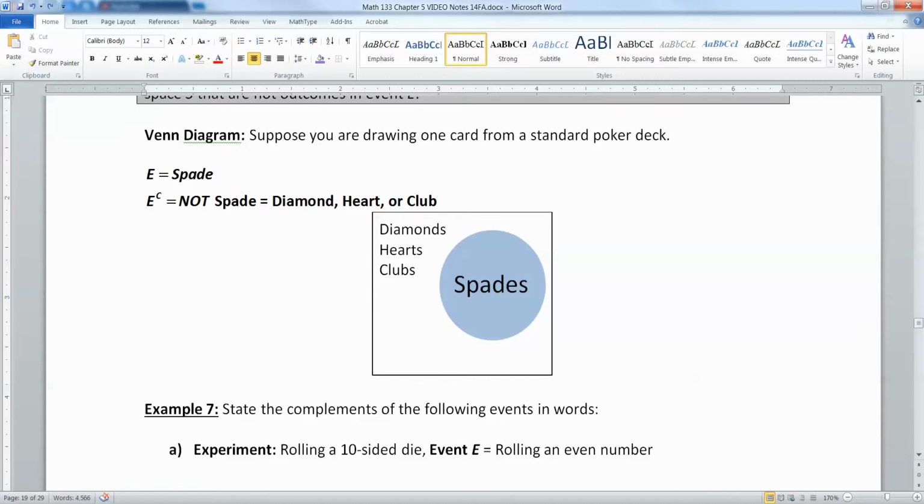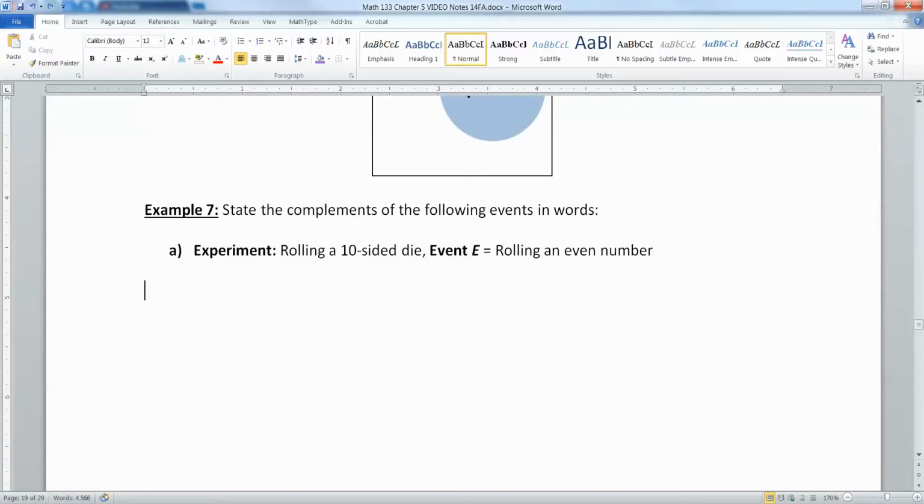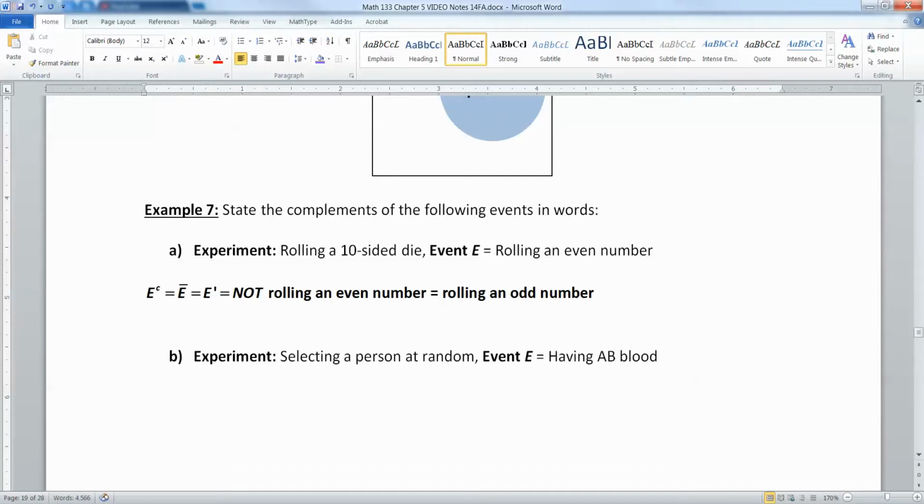Okay, so now how does that affect us for writing these up? Let's start with that. So suppose we have rolling a 10-sided die, and event E is rolling an even number. Well, then E complement would be not rolling an even number. But that's kind of a negative tone, so that would be rolling an odd number. Right?